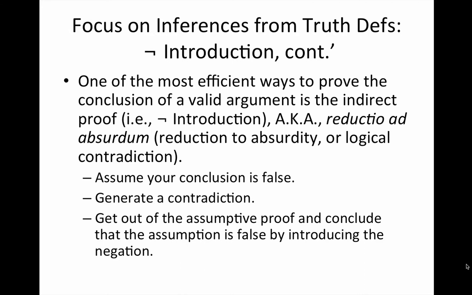So again, it's a really powerful strategic tool, and we'll find that we can use it for any valid argument, but the general strategy is what I just mentioned, namely you take a negated sentence or an atomic sentence or a negated atomic sentence, which is a literal, and you assume that the opposite of that sentence is the case. From that, you generate the contradiction, get out of the subproof.